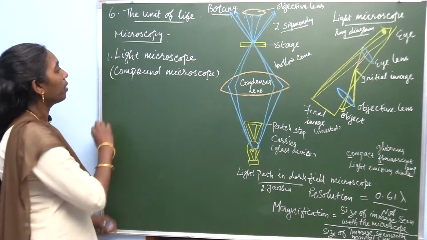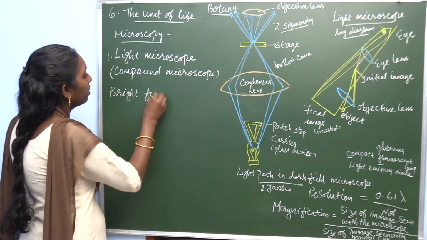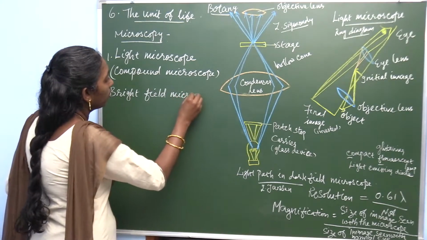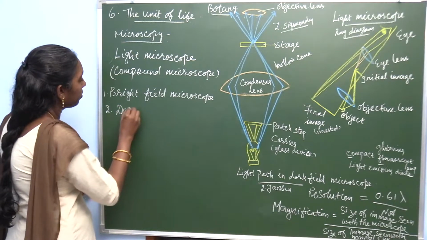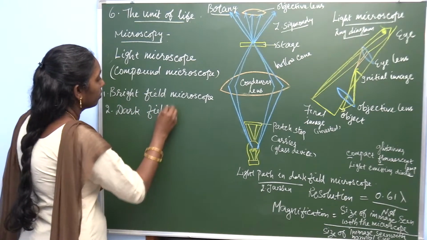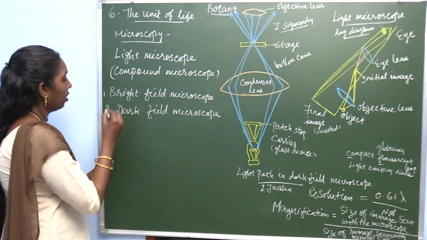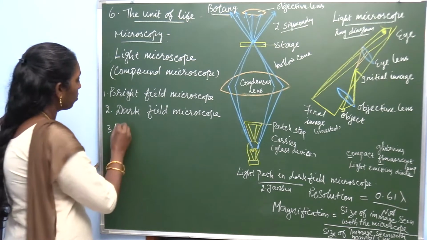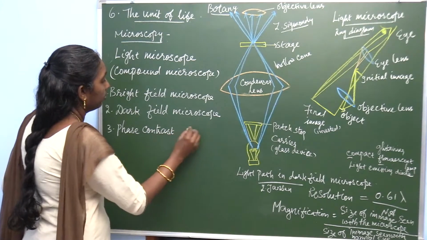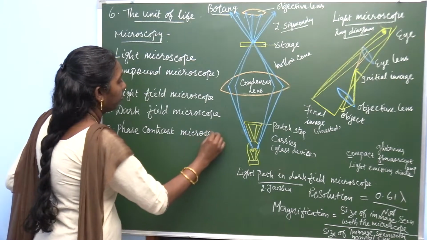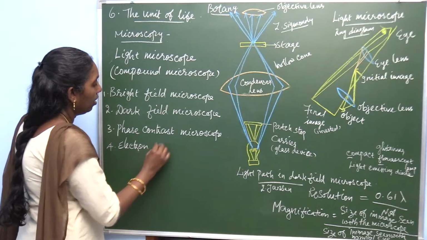The first type of microscope is the bright field microscope, dark field microscope, phase contrast microscope, and electron microscope.